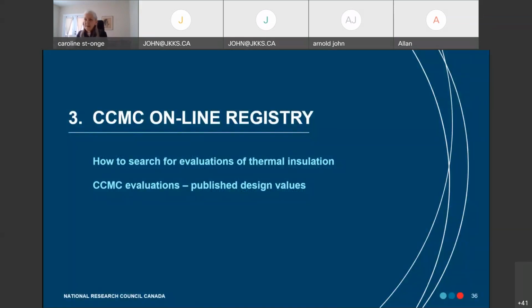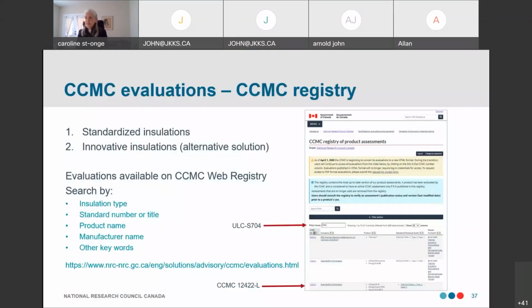So I'm now at segment number 3 with respect to the CCMC online registry. And I will just quickly show you how to search using our online registry. We publish evaluations of standardized insulation, but also innovative insulation.